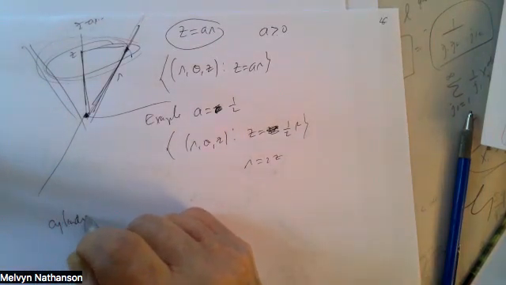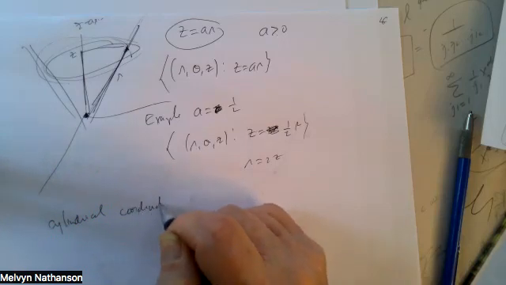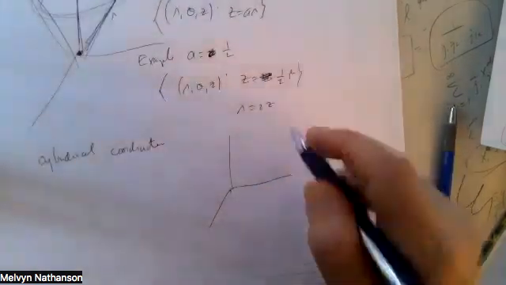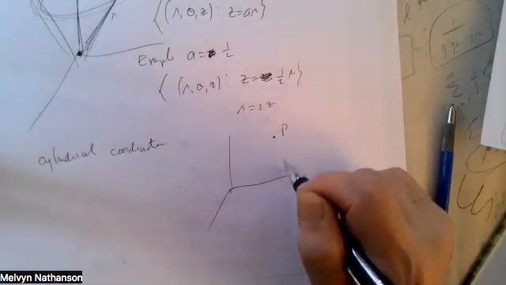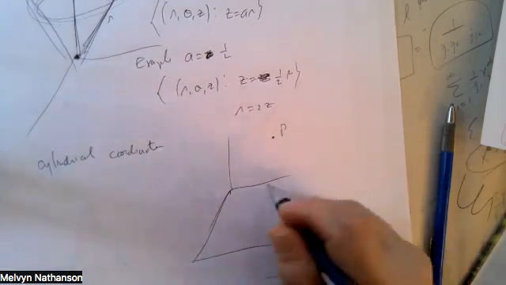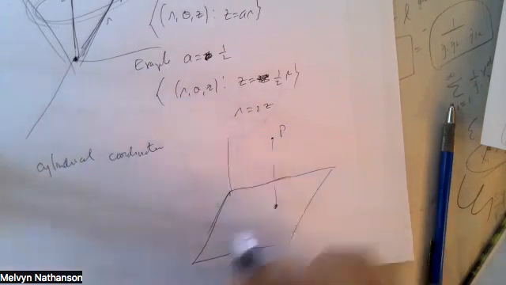Let me just repeat it one more time. Cylindrical coordinates. You have a point in space. How do you get its cylindrical coordinates? You project it down into the XY plane.